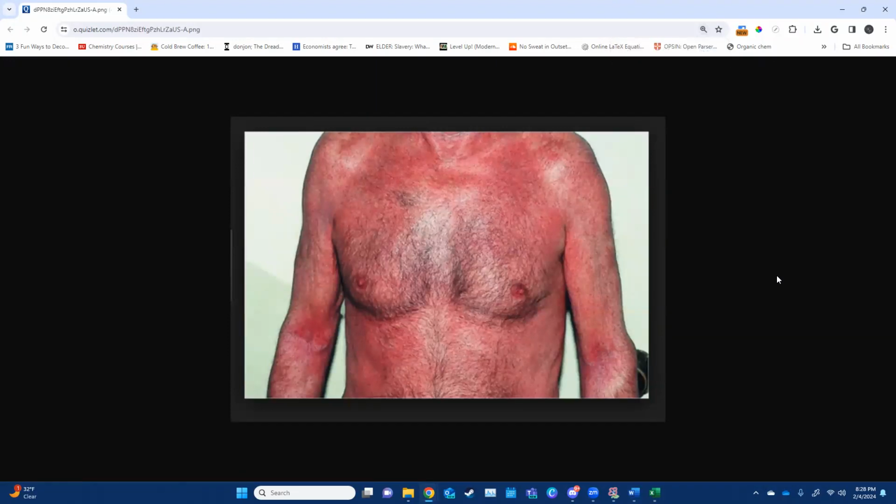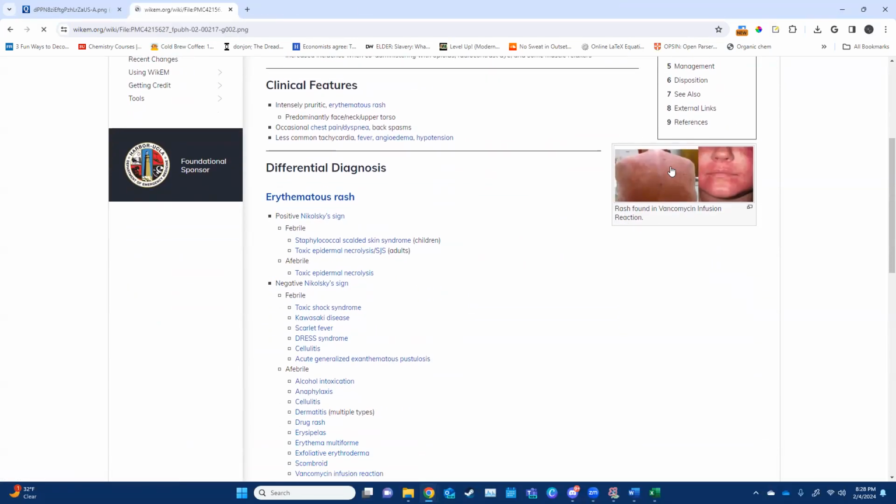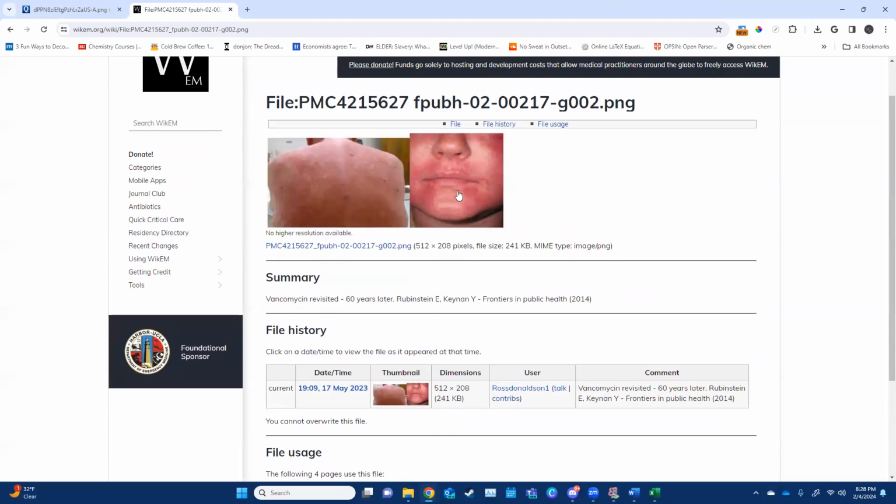It looks like a really, really bad rash. So when you get a call up to the floor and someone says, our patient has a major rash, what should we do? They look at this and they go, "Oh my God, we're going to have to administer epinephrine."